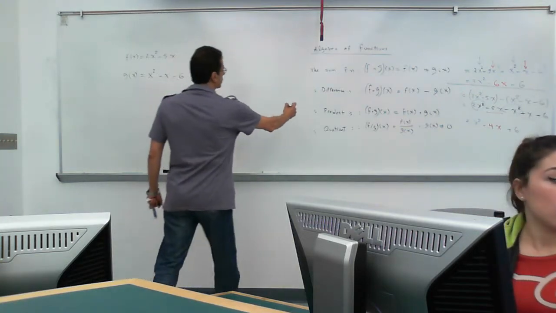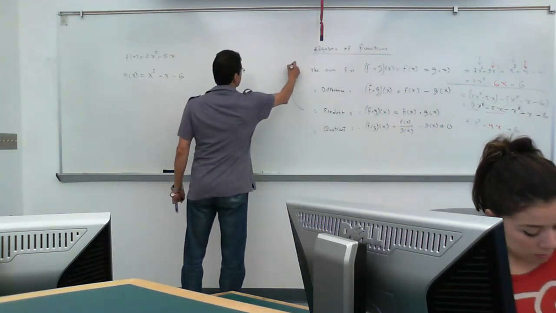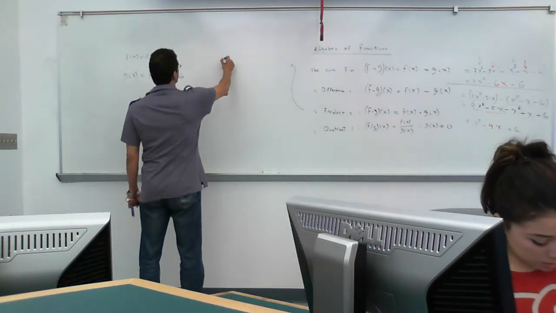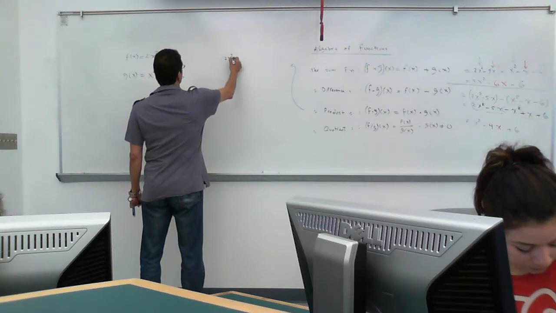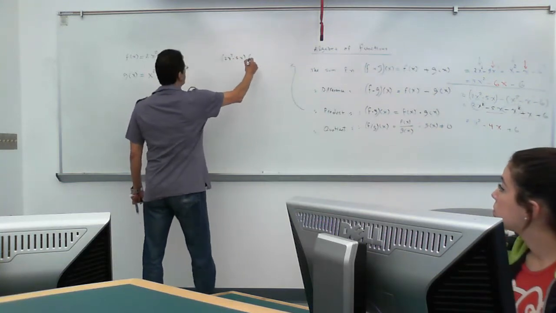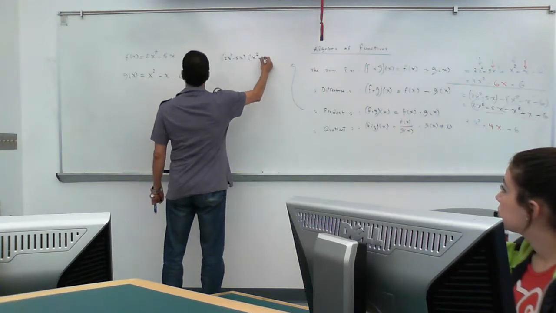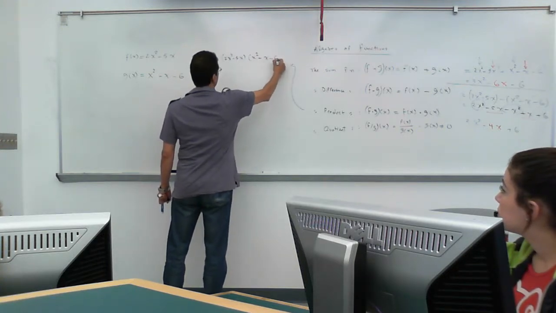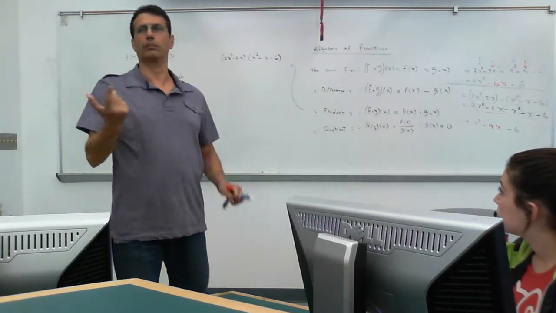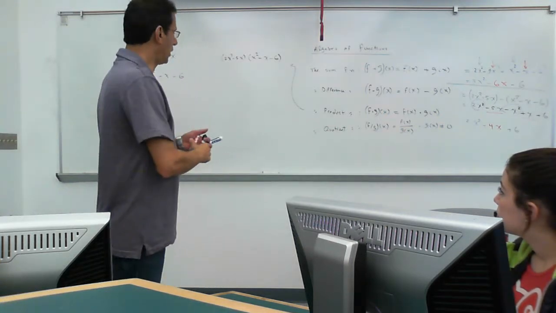The product would be f of x times g of x. Just multiply them up. And here's how we do it.